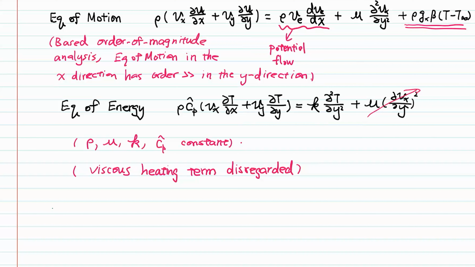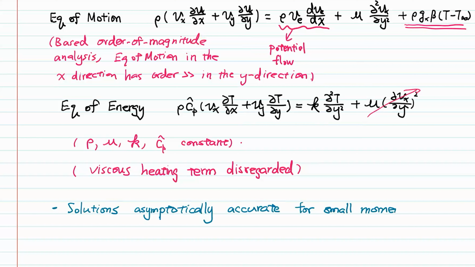Here are some important properties of the solutions we want to plan out first. The solutions are asymptotically correct, asymptotically accurate, for small momentum diffusivity.